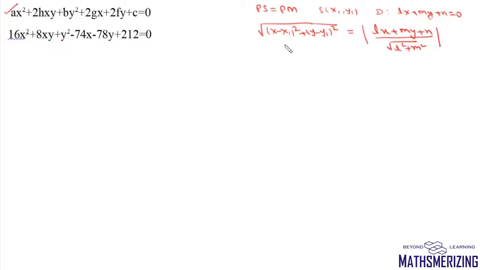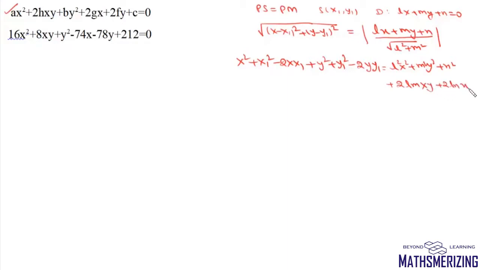Now, if we'll square this, then we can write this as x square plus x1 square minus 2xx1 plus y square plus y1 square minus 2yy1, and here will be L square x square plus M square y square plus n square plus 2LM xy plus 2Ln x plus 2Mn y upon L square plus M square.